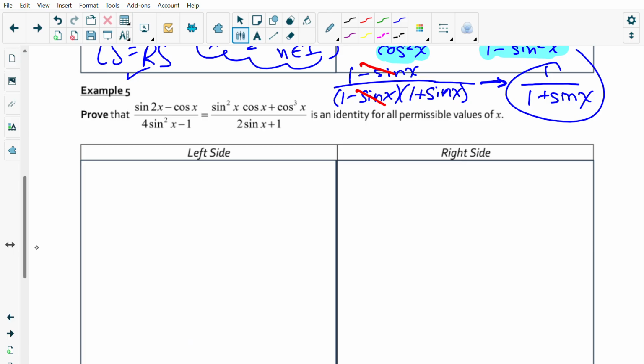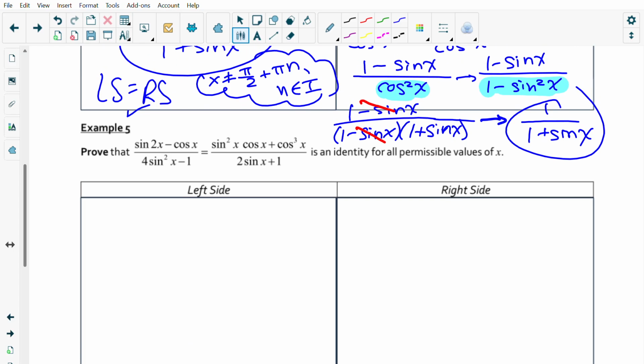Okay, and then let's go back and prove this identity. Remember we said to just work on one side and make it look like the right side. This one is complicated on both sides, so it's going to be hard to make it look exactly like each other. So I'm going to have to work on both sides.